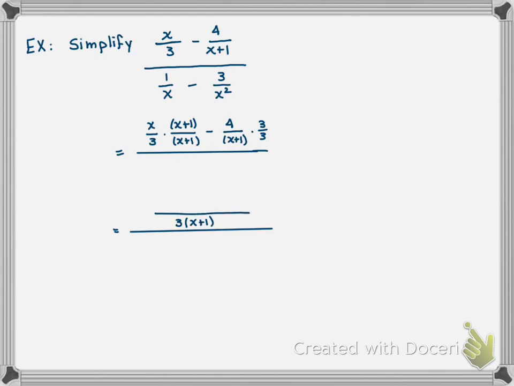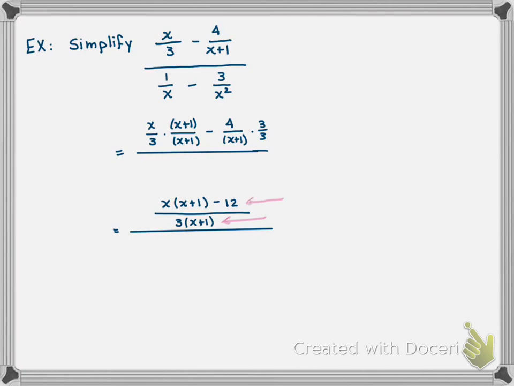Then we just write x times x plus 1 minus 12. And then we distribute in the numerator because there's that subtraction, which is, remember, our goal is for everything to be factored. This is already factored, and so we don't do anything with it.